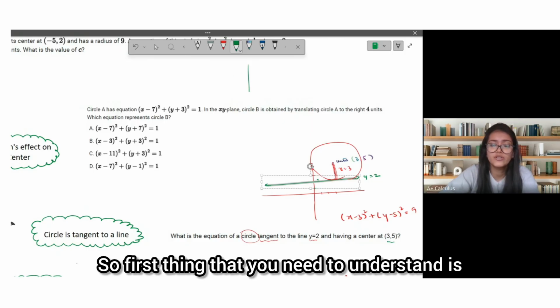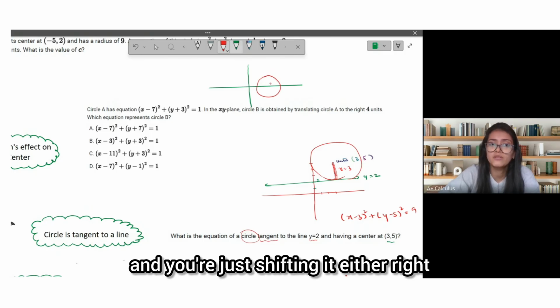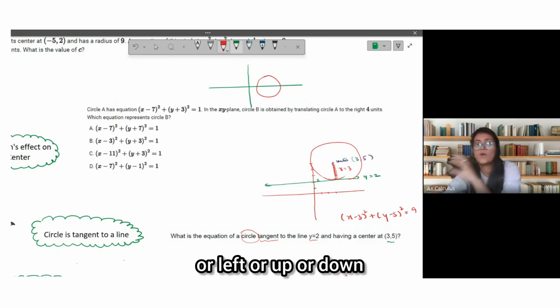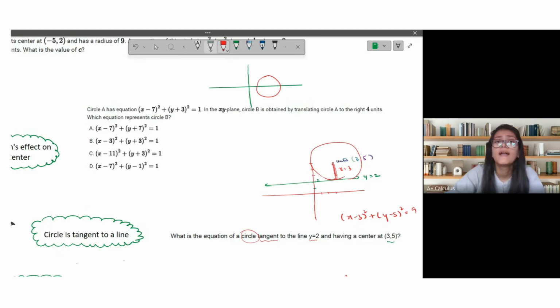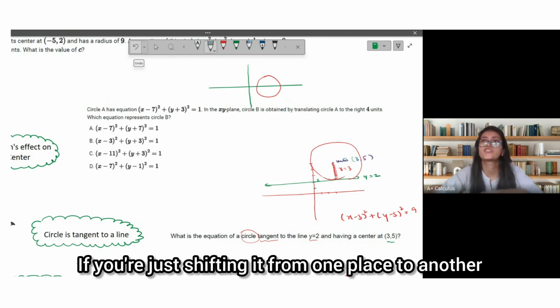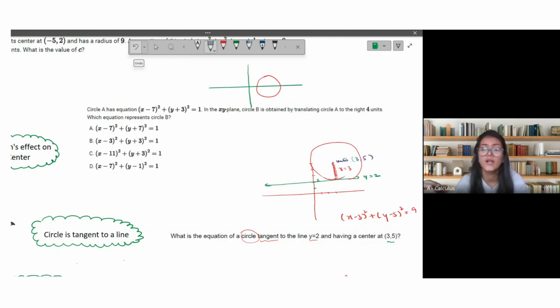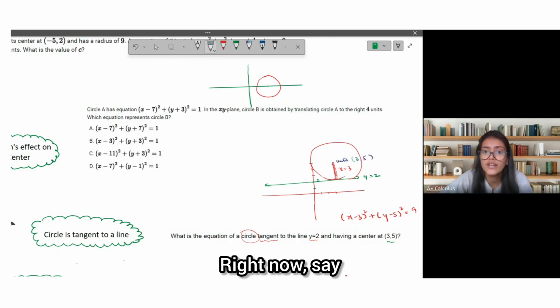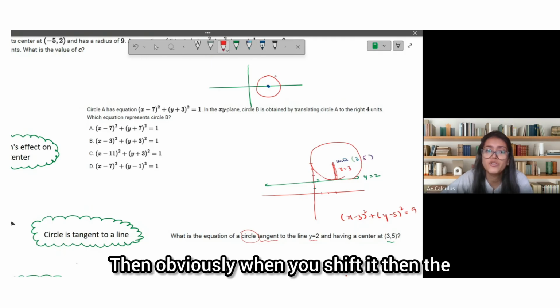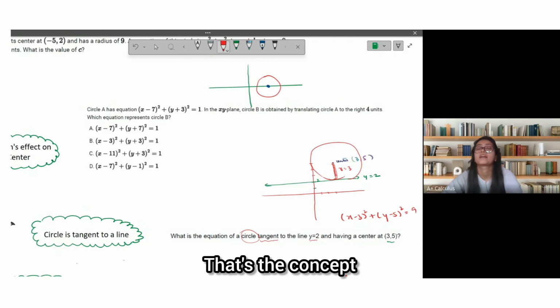So the first thing you need to understand is if you have a circle and you're just shifting it right or left or up or down, its size is not changing. Only its center will change. Say this is the center. When you shift it, the coordinates of the center will change, but the radius will not change. That's the concept that you need to understand.